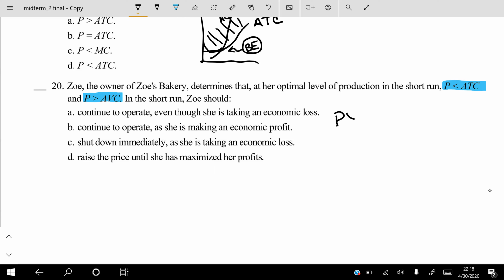And so she'll operate, but she's having economic loss. So the answer here is A. But the reason there's economic loss is because price is less than the average total cost. And so price is less than the break-even price, which would give you zero profit.